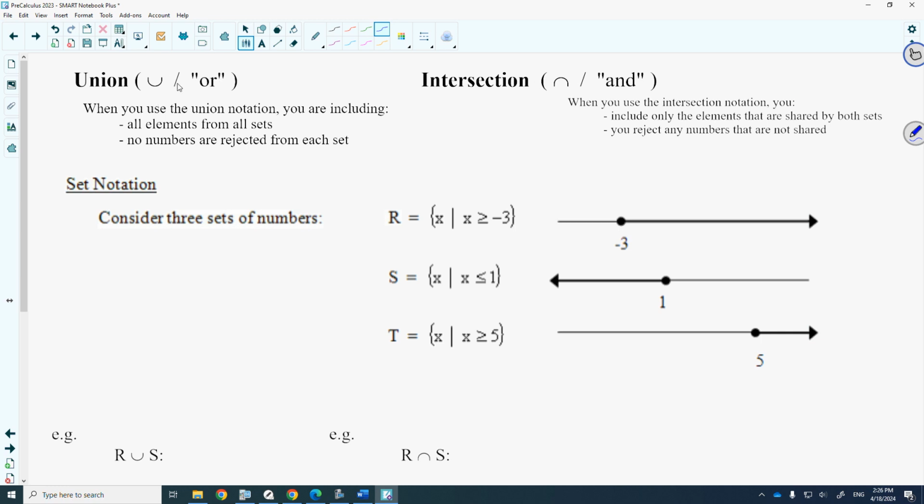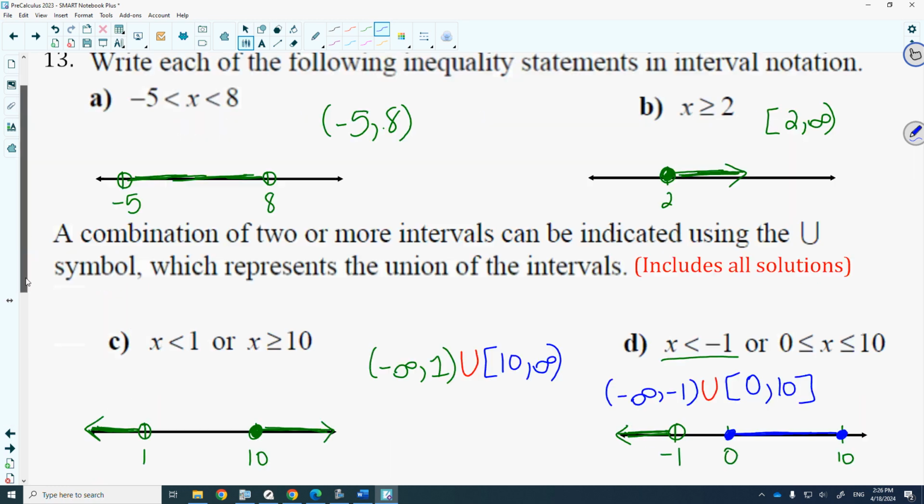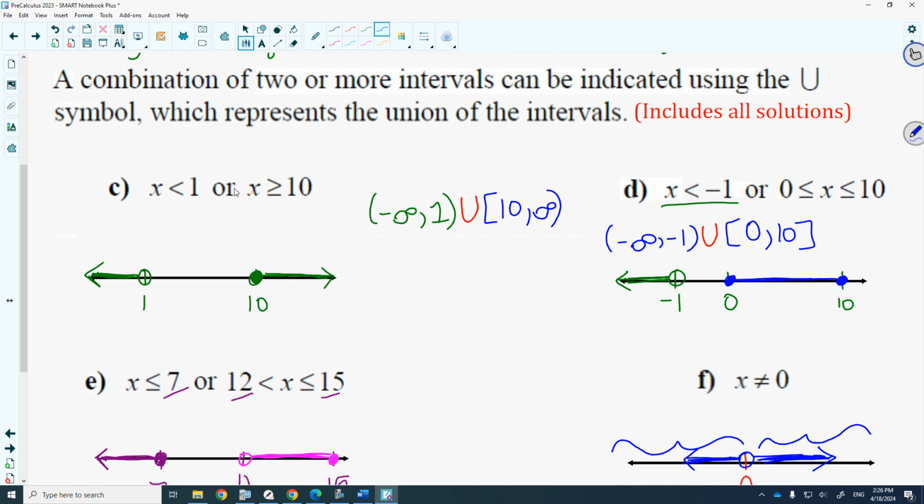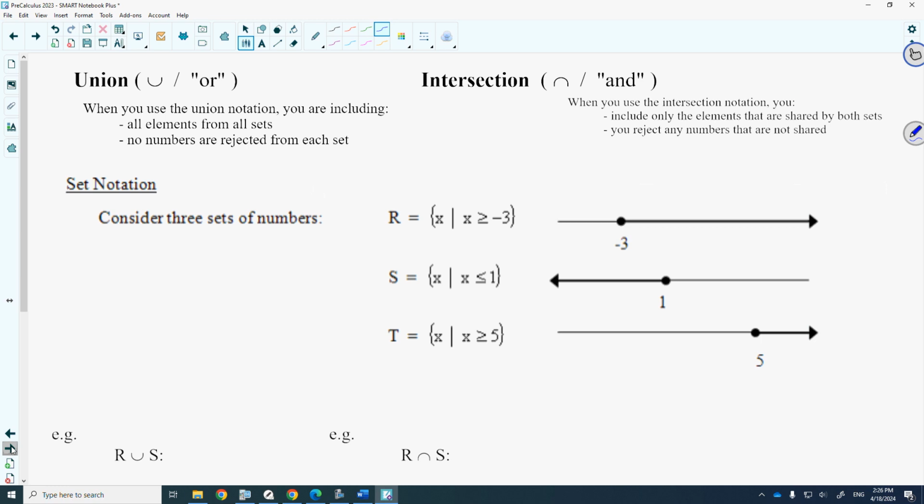Now, union is going to be or statements. So all of the ones that we did, this or this. So I put it on my number line and then I want all solutions, so it's going to be the union. What that means is we want to include all solutions.